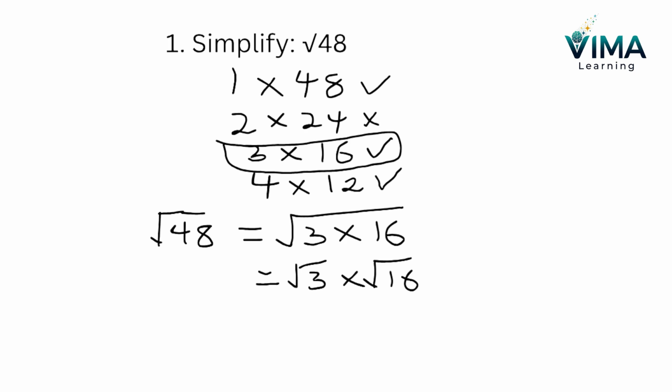And then from here, we can't get a whole number as the square root of 3, but we can get a whole number from the square root of 16. So this gives us the square root of 3 times 4. And this will now finally give us 4 root 3. So the answer for simplifying the square root of 48 is 4 root 3.